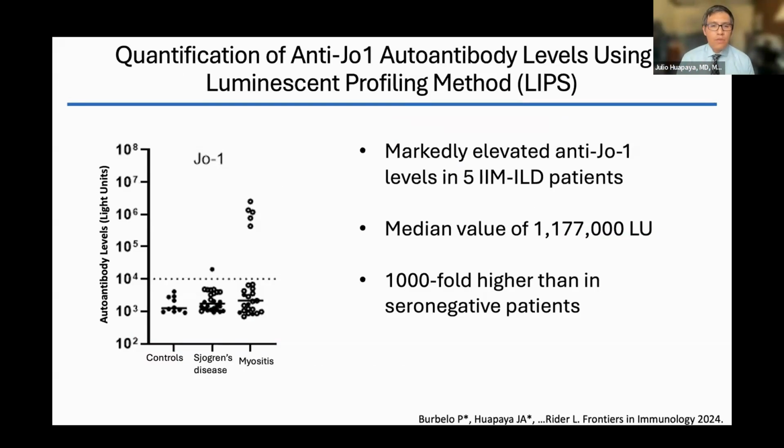So we started very small, and with Dr. Lisa Rider, who some of you may know, and her group, we started to look at whether we can quantify anti-Jo1 levels. Let's start small, and we were able to successfully do this.